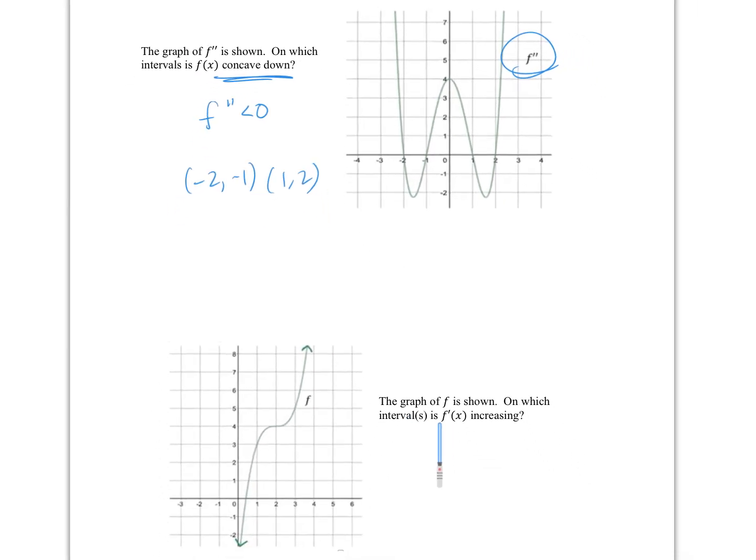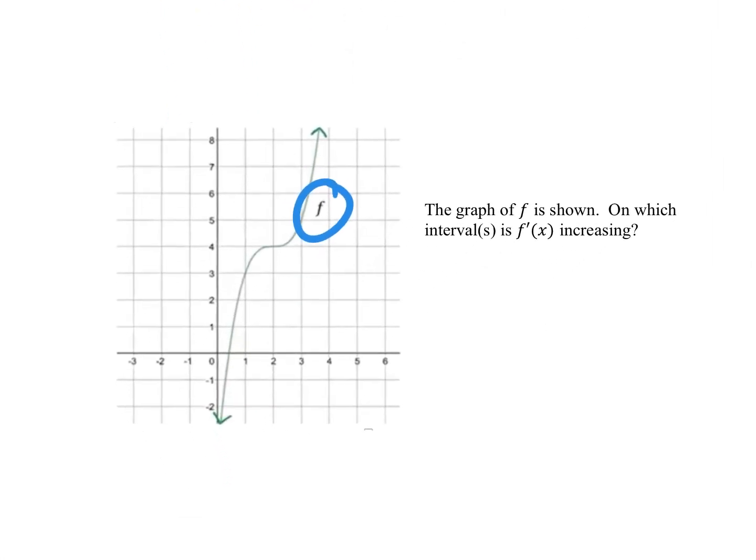Where is f prime increasing? Interesting. This is a graph of f. Where are my f primes increasing? 2 to 3. Yeah, because f prime increases when it's concave up.